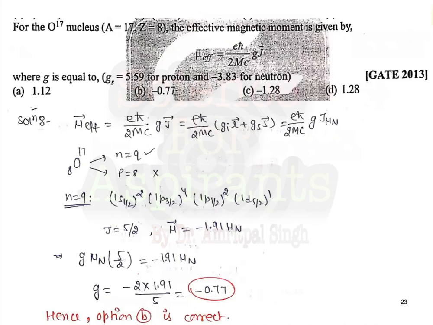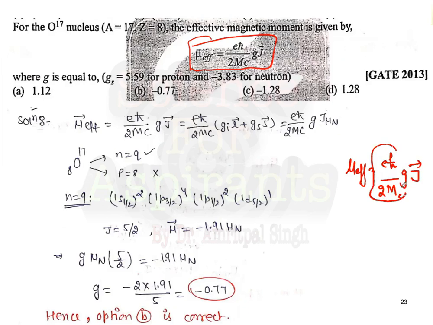Another type of question, they can ask you to find the value of the gyromagnetic ratio. What is given? We are given the formula of the magnetic moment, so I will write it here: e h bar over 2 m c, g into j. This is known as the nuclear magneton.